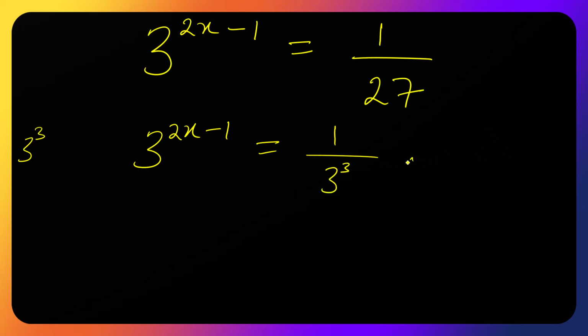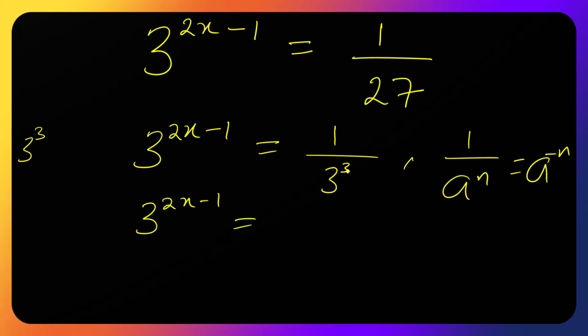We now recall this property: 1 on e to the power of n is the same as e to the power of minus n. So my next step will be this, whereby this is no more a fraction but rather linear. So we have 3 exponent minus 3. We have equal bases, so you can equate the powers. So we have 2x minus 1 equals minus 3.